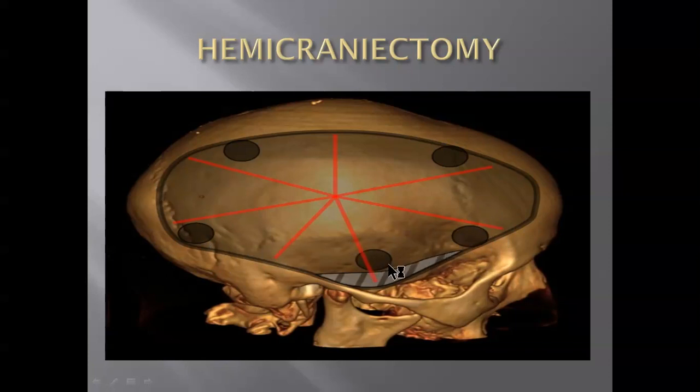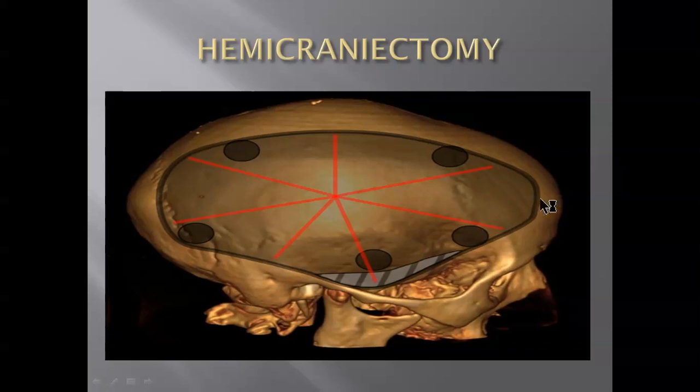Because it will be unilateral. Another name for hemicraniectomy could be the fronto-temporo-parietal bone flap. This is the part of the frontal bone taken out, here's the part of your temporal bone taken out, and here's the part of your parietal bone taken out. So that's why it's a hemicraniectomy.